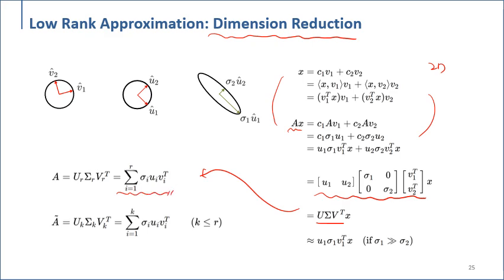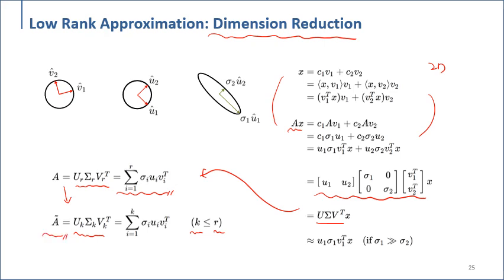Similar to the PCA algorithm, by selecting only the K important, high singular values, with K smaller than R, this can be approximated using U_K sigma_K V_K transpose.